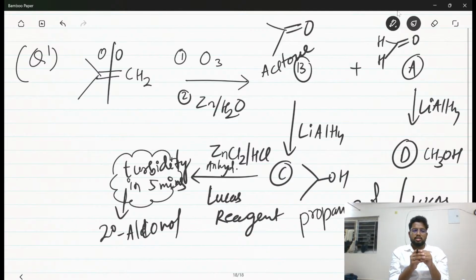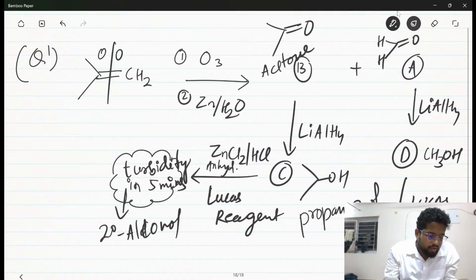So D is methanol and C is propan-2-ol, whereas A is formaldehyde and B is acetone. So these are the components which we have to check for this particular reaction, my dear students.